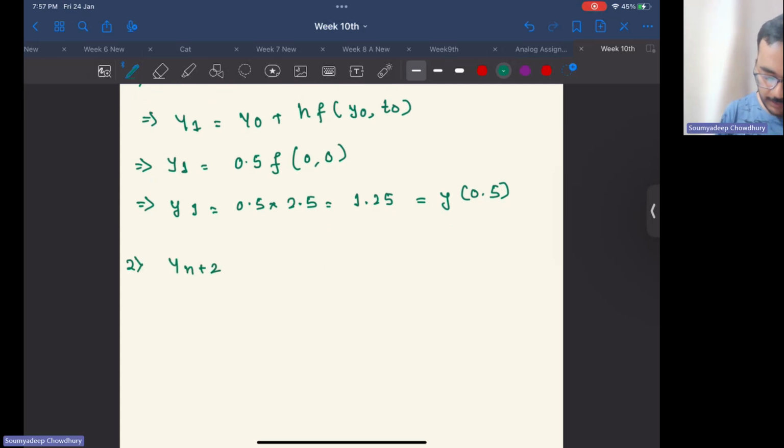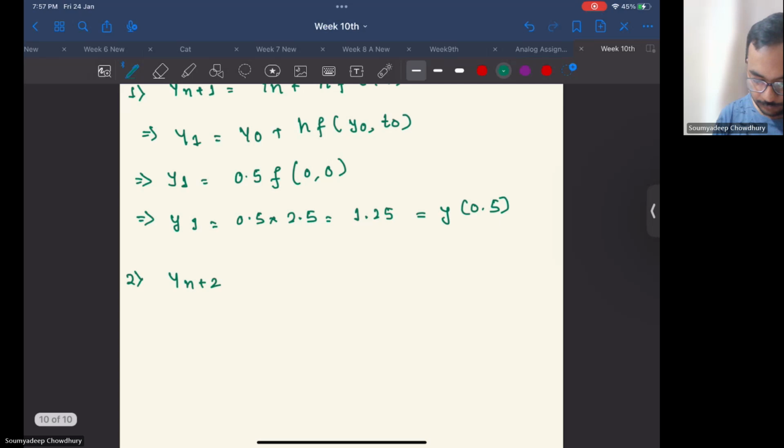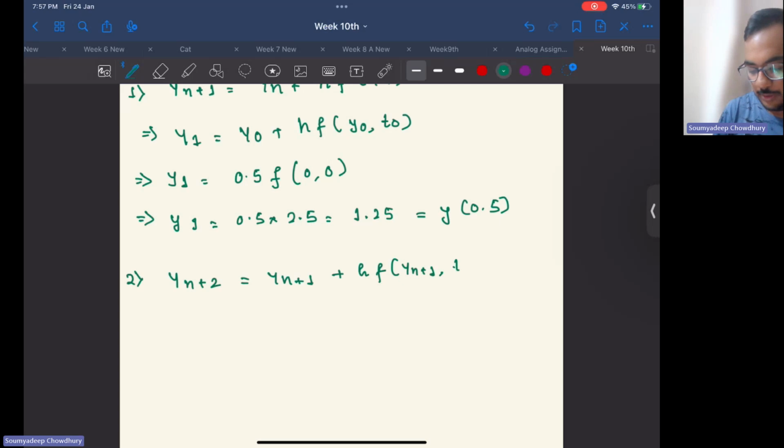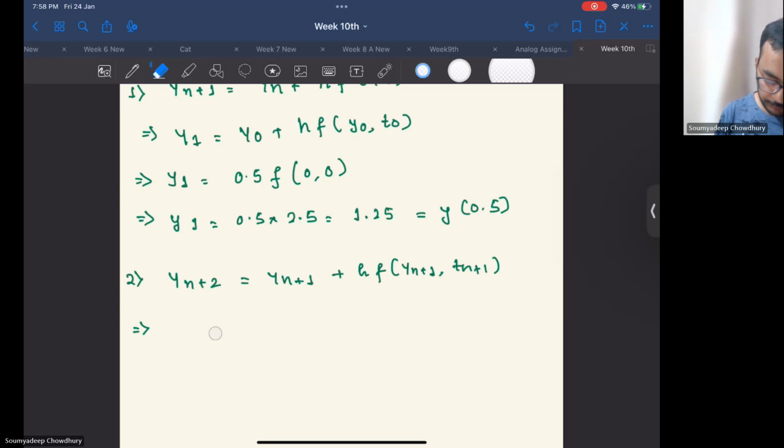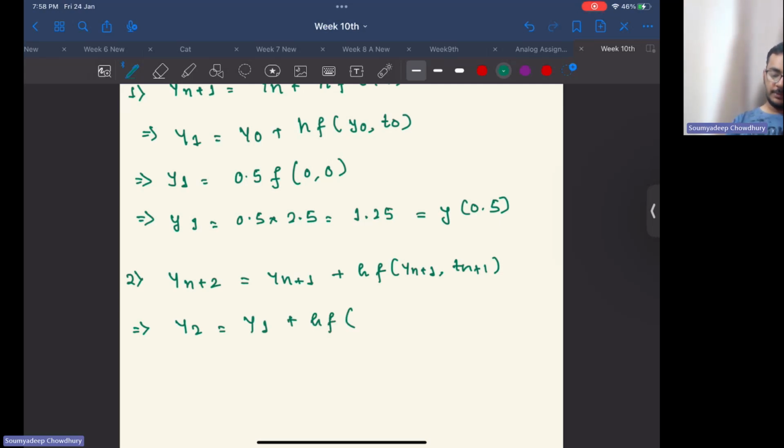So y_{n+2} equals y_{n+1} plus h f of y_{n+1} comma t_{n+1}, that is y1 plus h f, where y1 is 1.25 and t1 is 0.5.